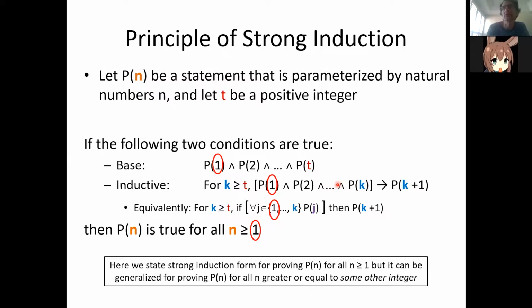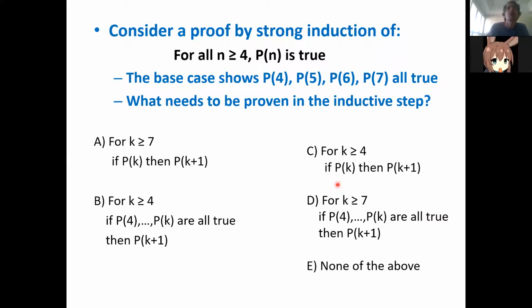Okay, so let's say we have some predicate we want to prove starting from index 4. And let's say that we have proven by base case that it holds for 4, 5, 6, and 7. If we want to show by strong induction that it holds for all indices after that as well, what do we have to prove?